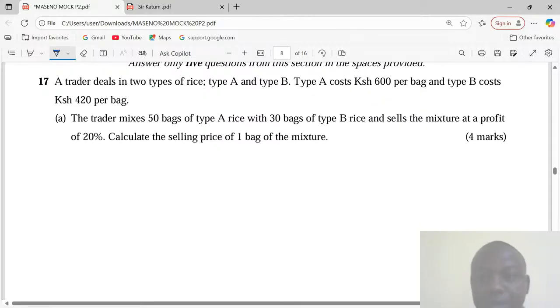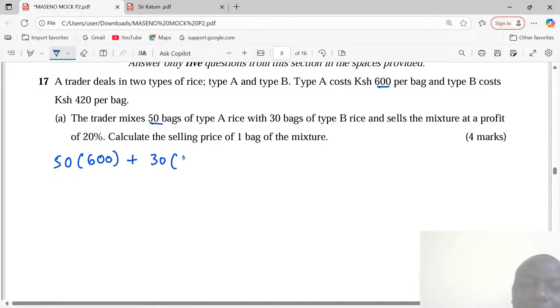So here, we're going first to know the cost of a bag of this mixture after the trader has mixed. So we're going to have 50 bags of type A, and each bag is costing 600. Then we add the 30 bags of B, and each is costing 420.